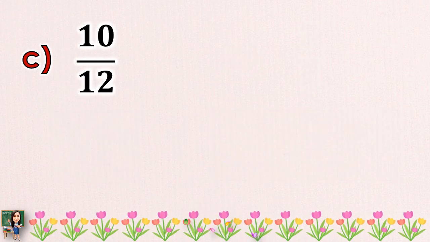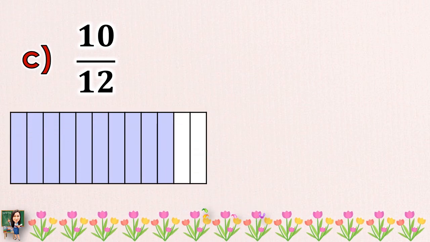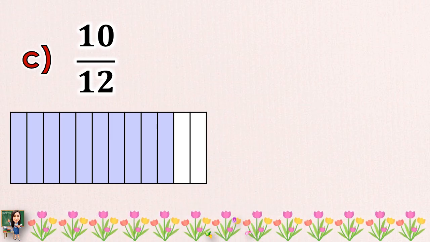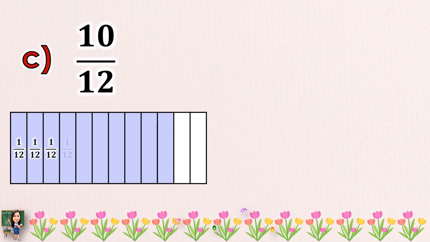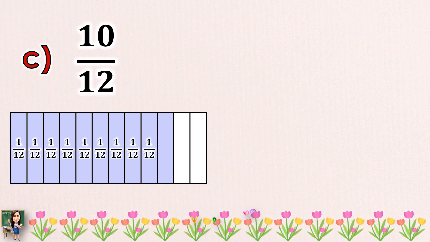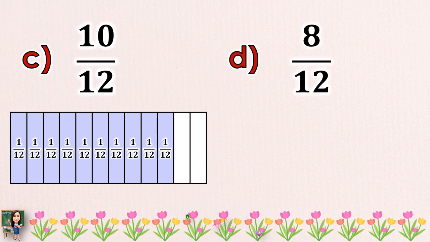Letter C. 10/12. It is divided into 12 equal parts and the shaded parts are 1, 2, 3, 4, 5, 6, 7, 8, 9, 10. 10/12.